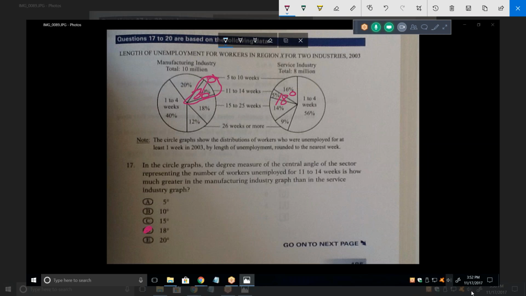Yeah. And they need to know how much greater. Well, and all of their answers are in degrees. It's 18 degrees greater, right? Okay, I got it. In other words, if some of the answers were in percent, I get it. It's double, so yeah.